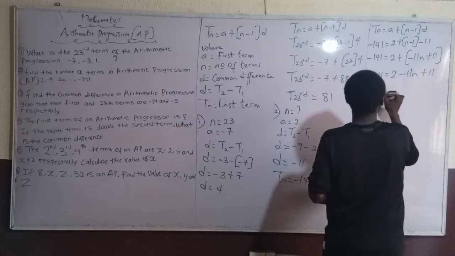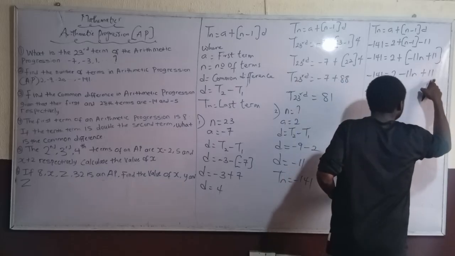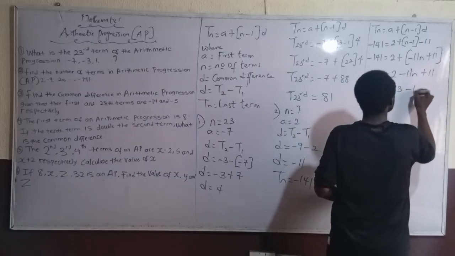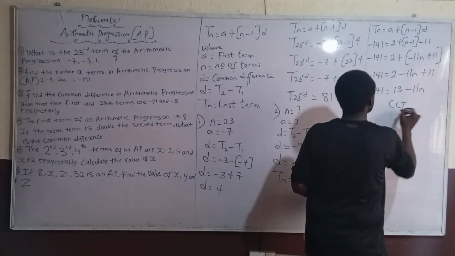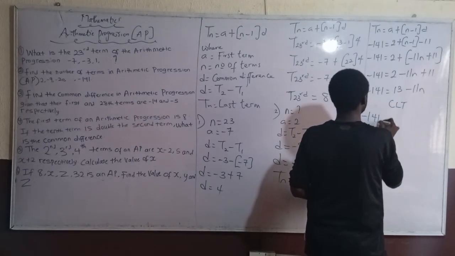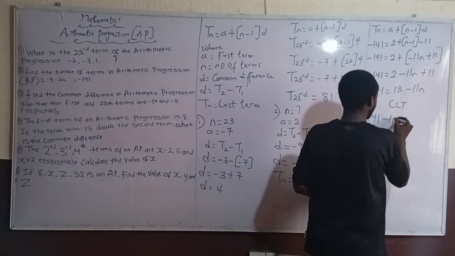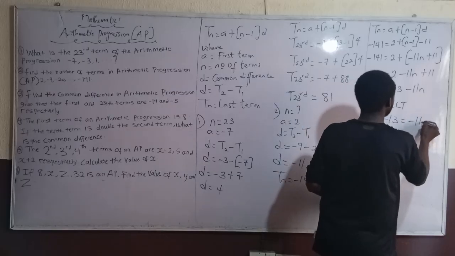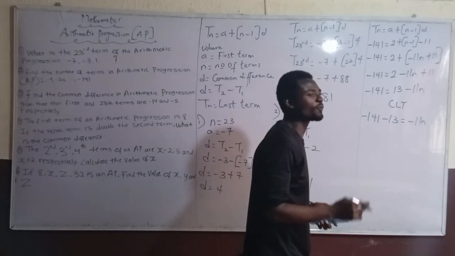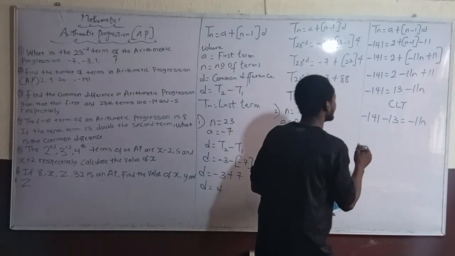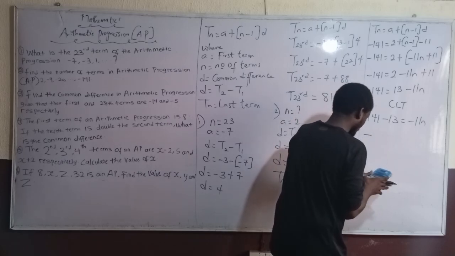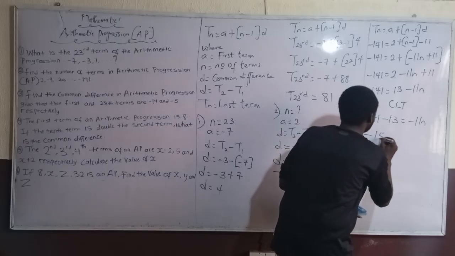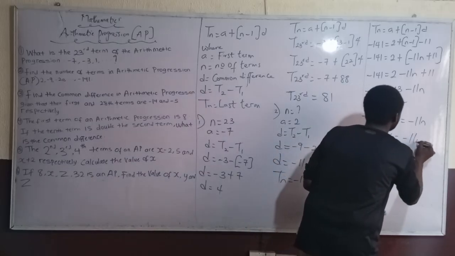Minus 141 equals 2 plus 11 is 13, minus 11n. From there, I collect my like terms. Minus 141 minus 13 equals minus 11n. Minus 141 minus 13, that is minus 154 equals minus 11n.